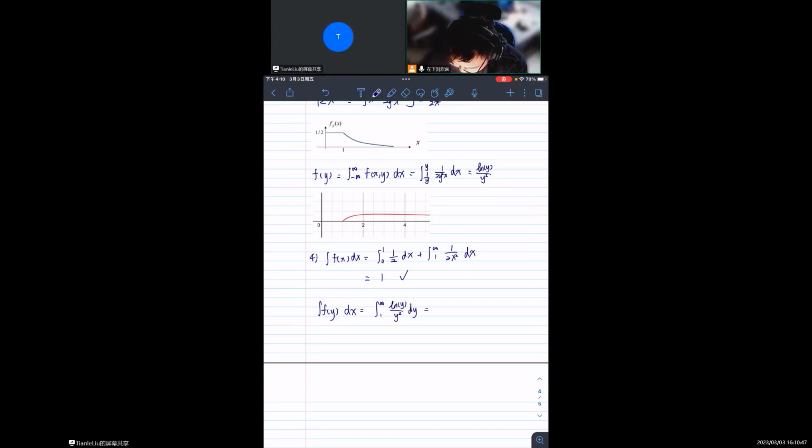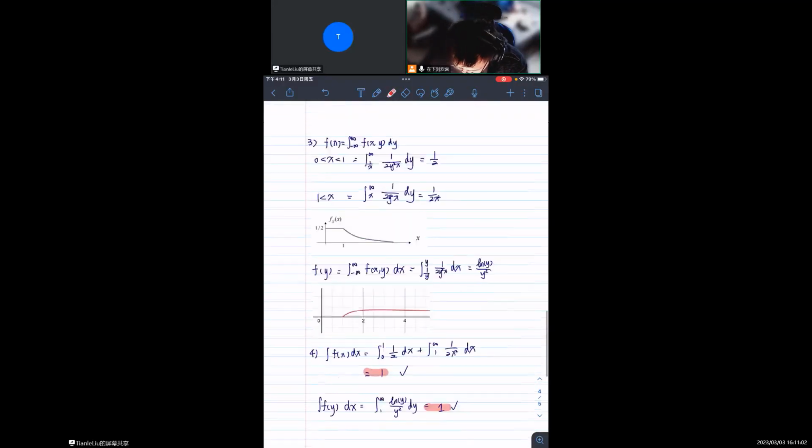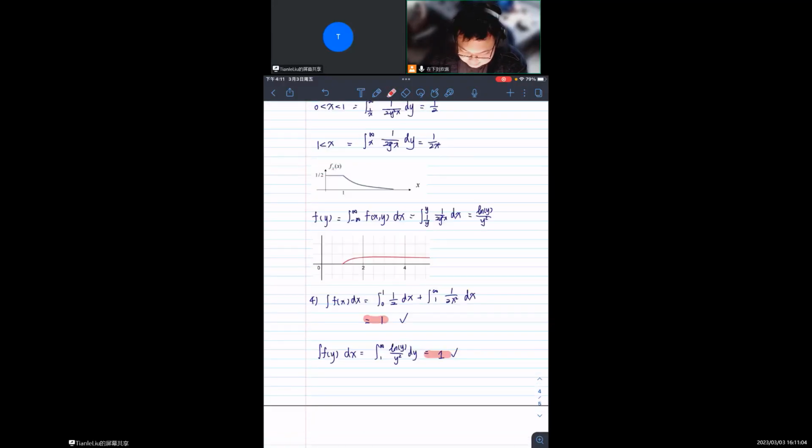Also by the integral calculator, we will have this one equals 1. So by the proof that both integrals of the density functions equal 1, we can conclude they are both valid. So this is it for problem 2 of homework 5. Thank you.